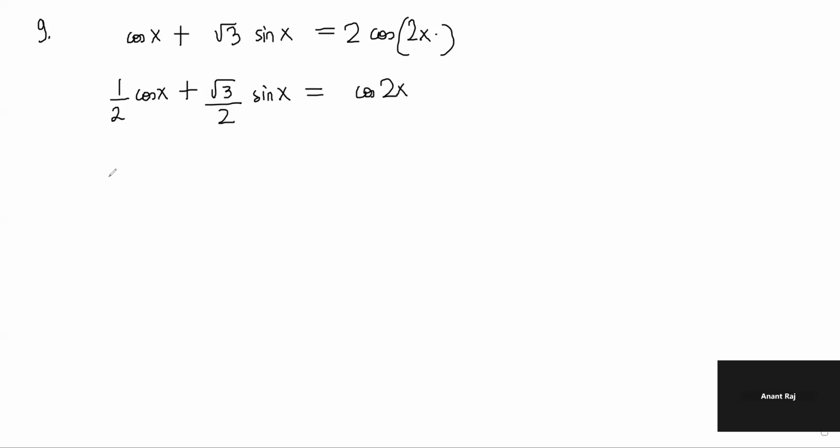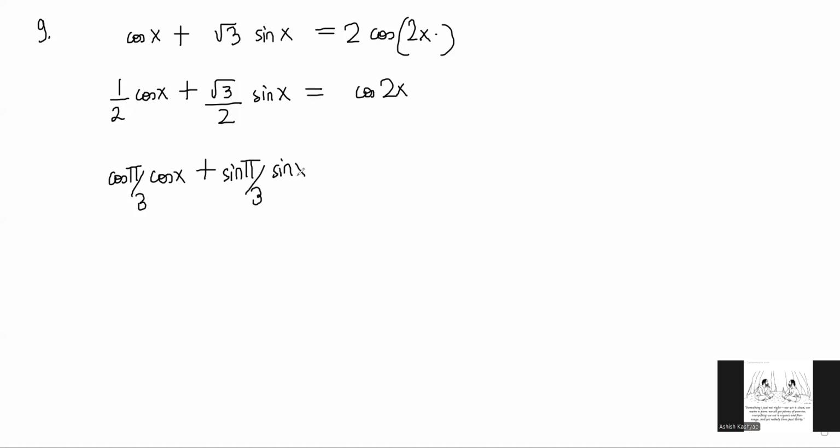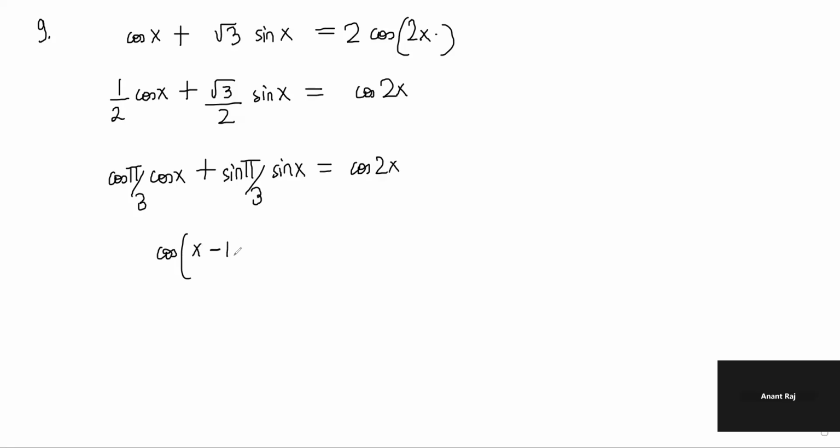Then we know that half is cos(pi/3), and root 3 upon 2 is sin(pi/3). So then it is cos(pi/3 minus x) equals cos 2x. Okay. Then what? Then we can compare 2x equals x.